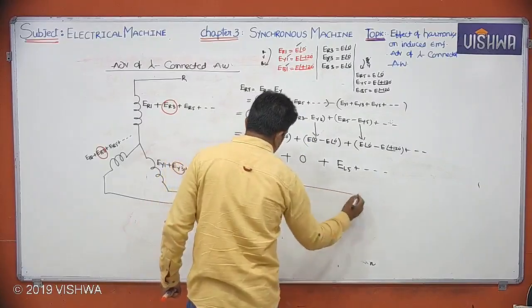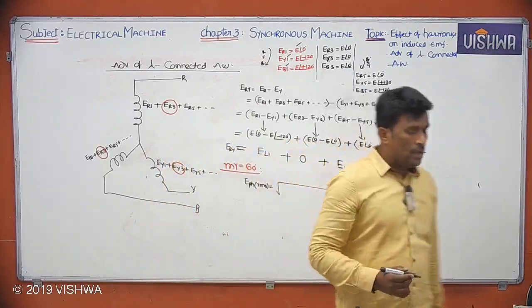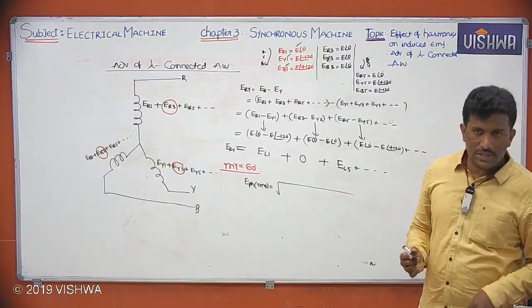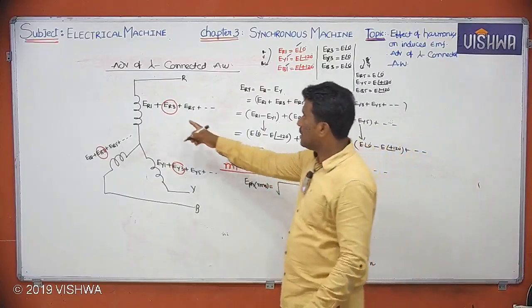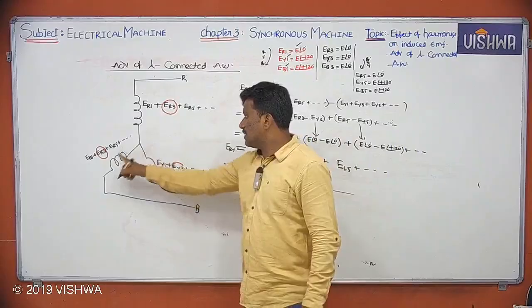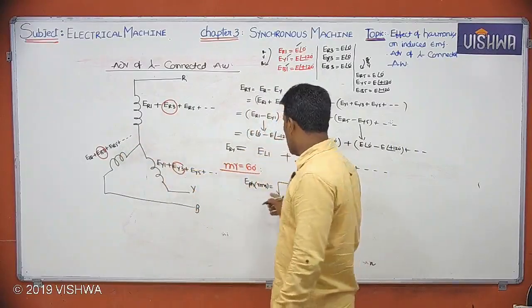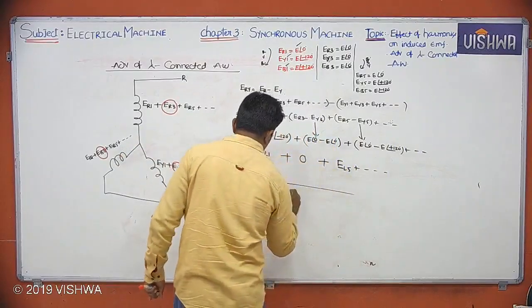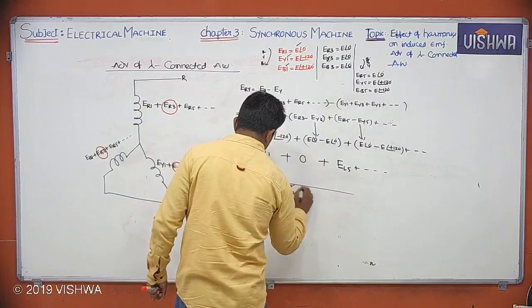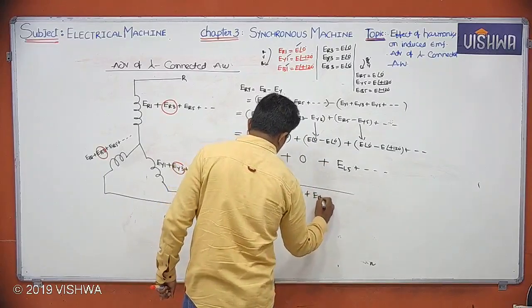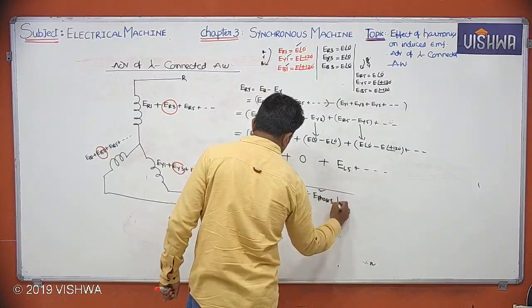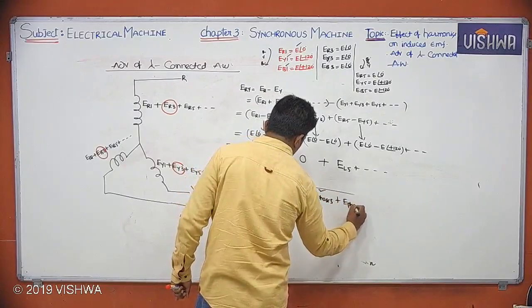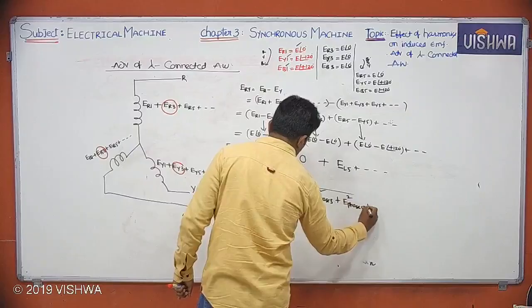Square root of, observe clearly, E phase 1 square plus E phase 3 square. In star connection, third harmonic voltages are there in the phase. Therefore, I can write square root of E phase 1 square plus E phase 3 square plus E phase 5 square plus and so on, right?